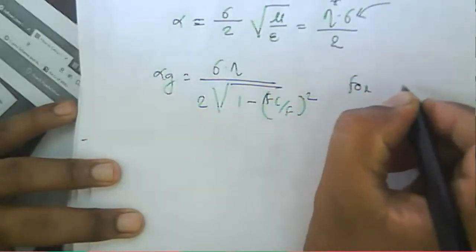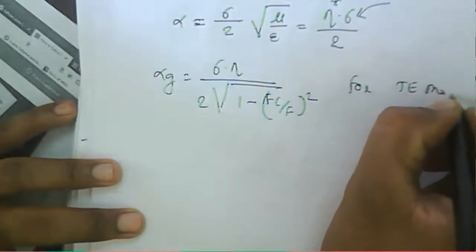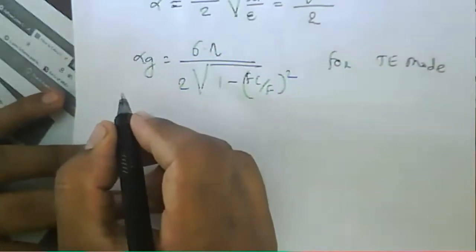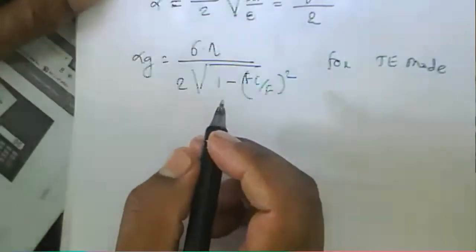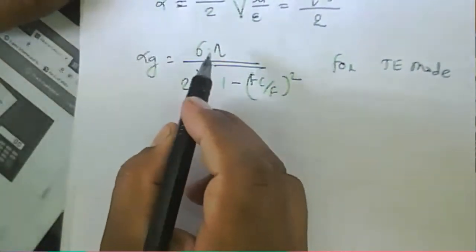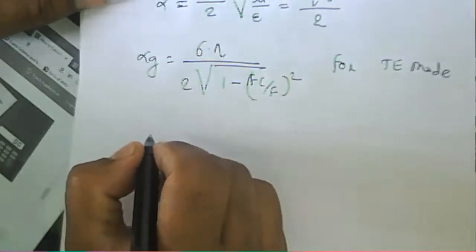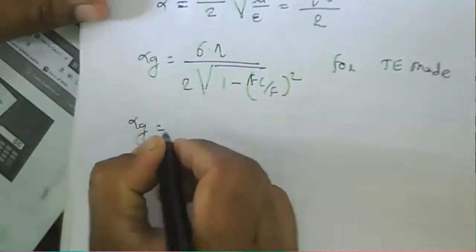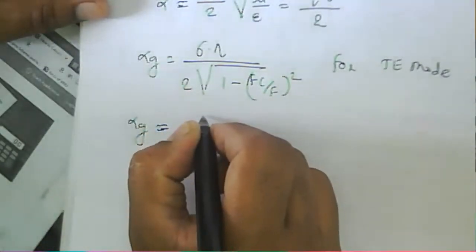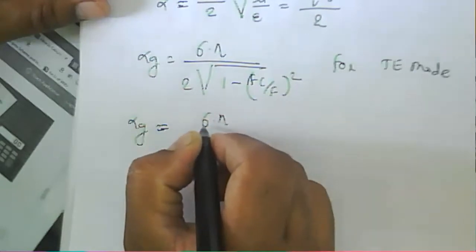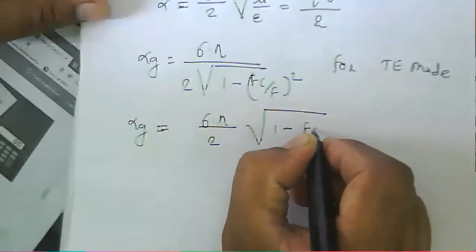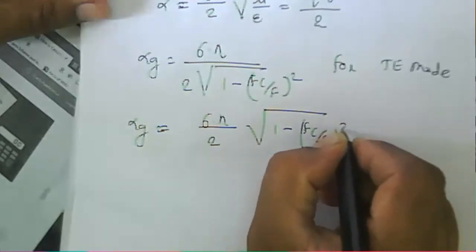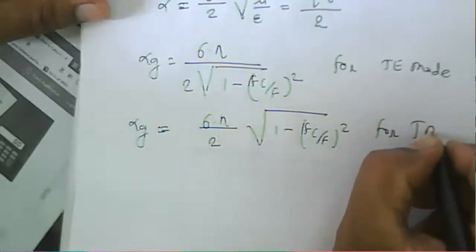That is for the TE mode: alpha g is equal to sigma into eta divided by 2 under root of 1 minus (fc by f) bracket square. That is for the TM mode.